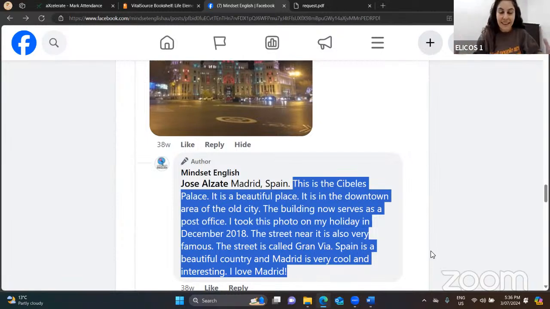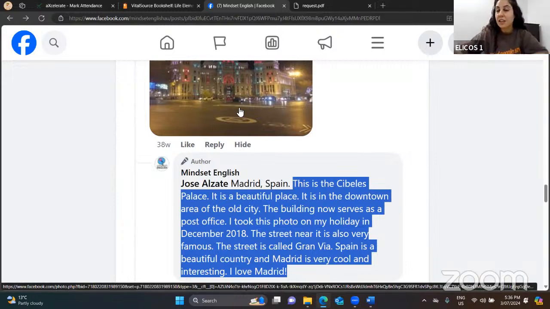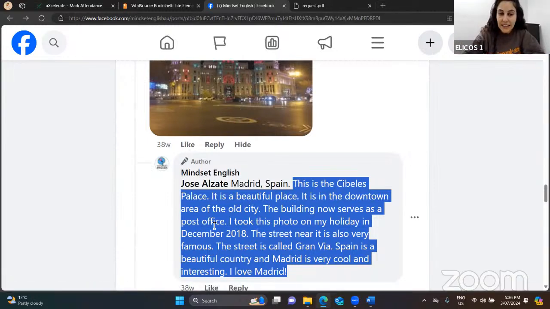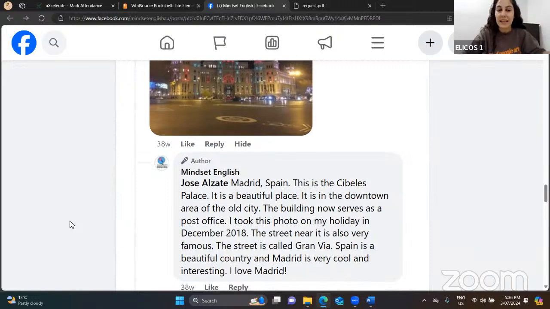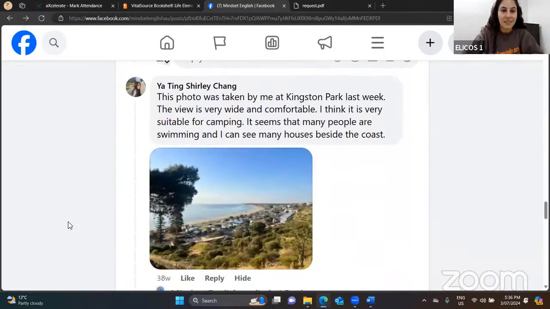He told us where, what can we see in the picture. I like that he told you that there was a street nearby, a famous street. And when did he take this picture? Okay, so these are real photos of your life. So you want to be able to give people details about what is happening.